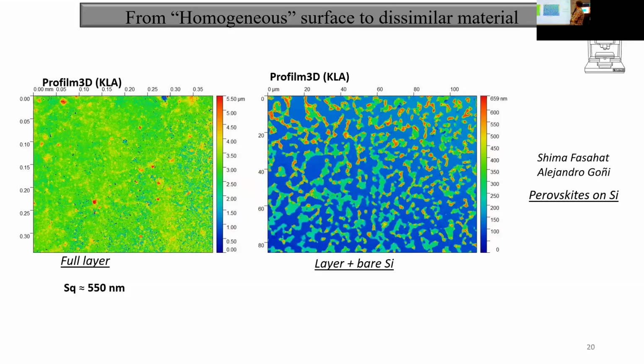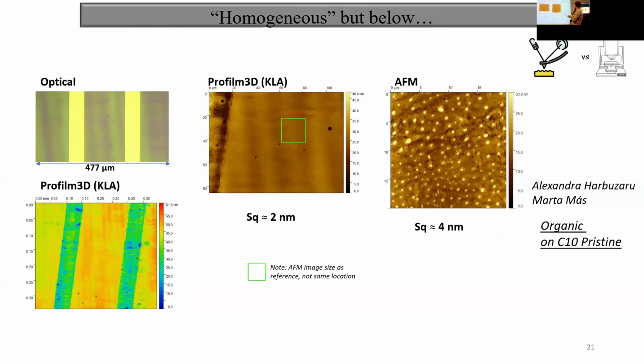Okay. Another example that is a bit borderline is these organic materials from Alexandra and Marta. They have here the gold electrodes and here the organic material. Those are the measurements by optical profilometry. And we see that the gold electrodes look lower.